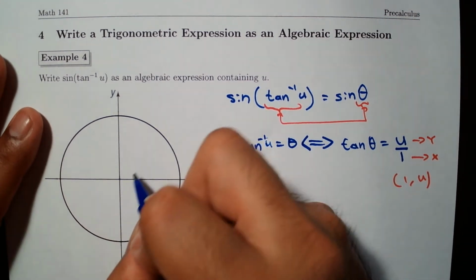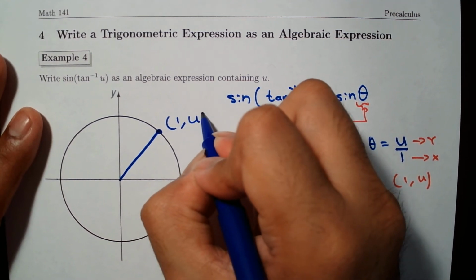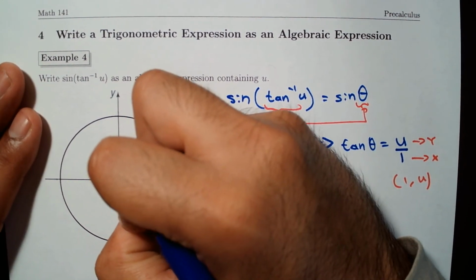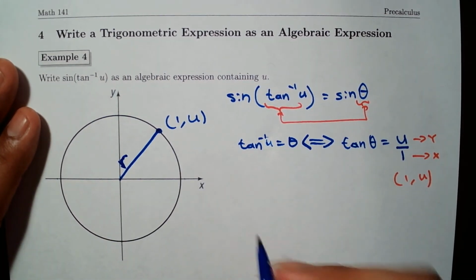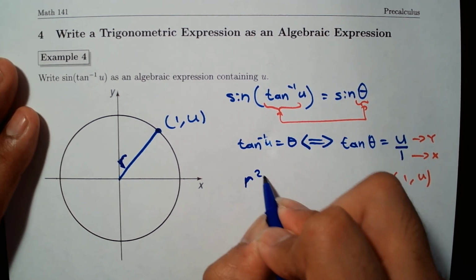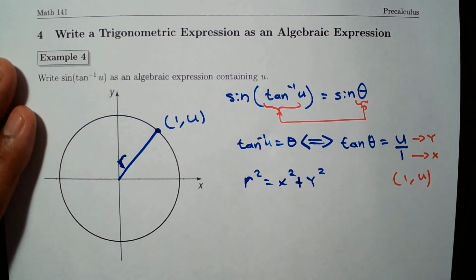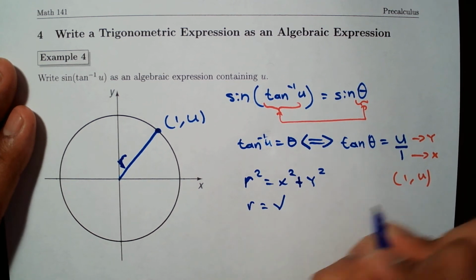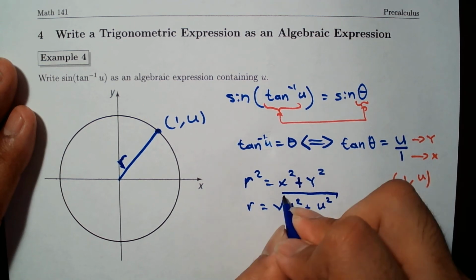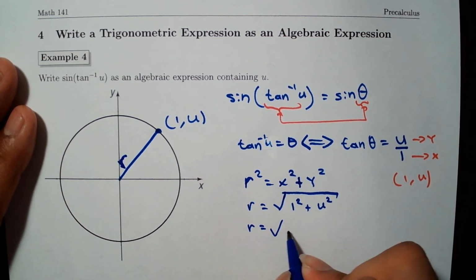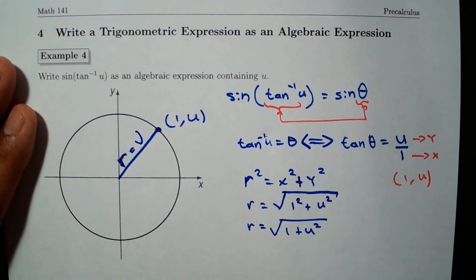Okay, and I need to find the value of r. We are going to find r by using the Pythagorean theorem. Essentially, r squared equals x squared plus y squared. So r equals the square root of 1 squared plus u squared, which is the square root of 1 plus u squared.